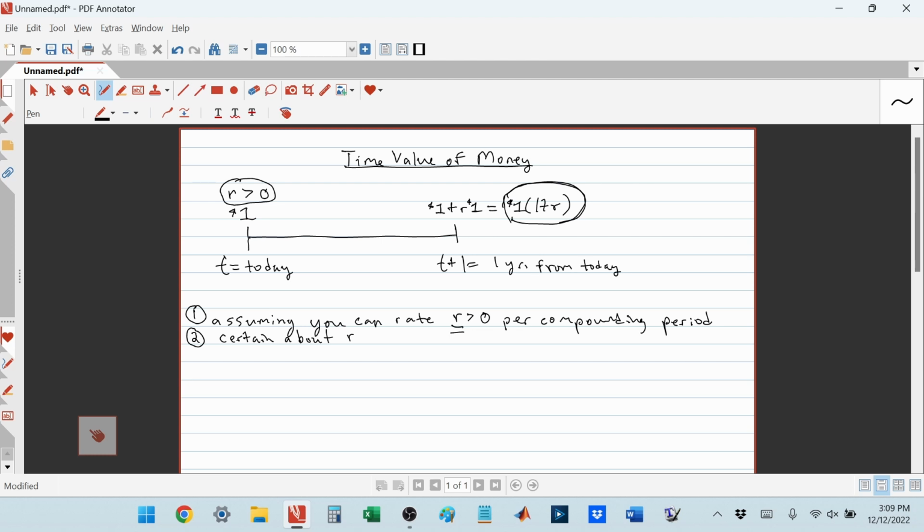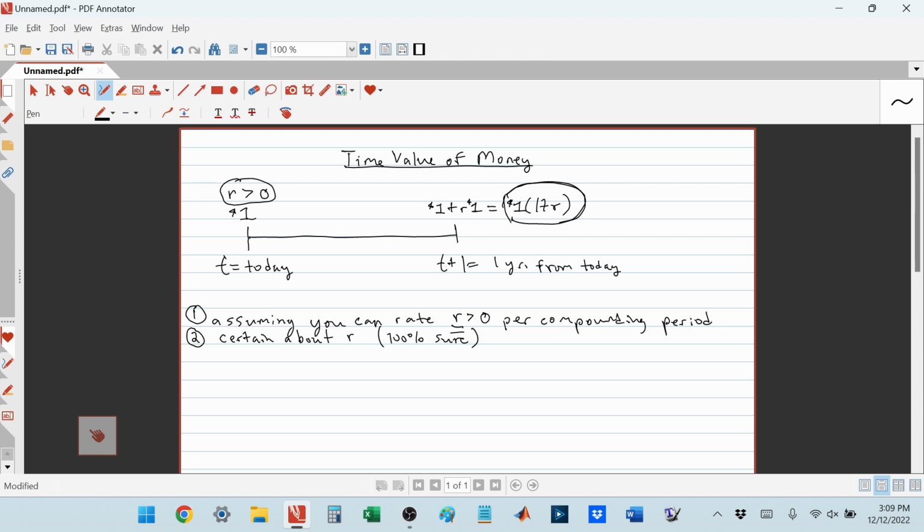It's not like we're assuming that you can earn a rate of 8% with 50% probability, and then 10% with 50% probability, and negative 10% with... But we're not doing that. We are certain. We are certain that you can earn whatever this rate is. It's a positive rate, and we're 100% sure that you're going to earn that rate. That's what certain means. So those are the two assumptions.